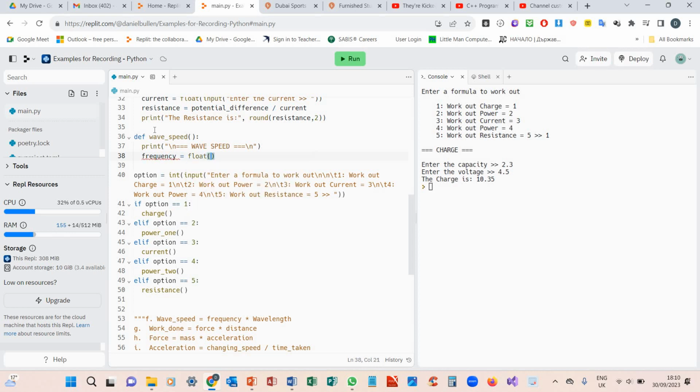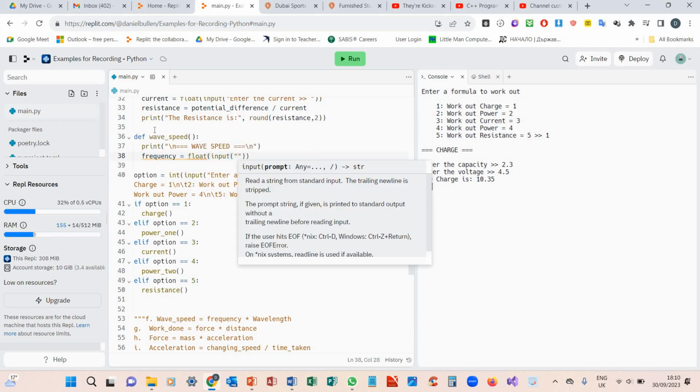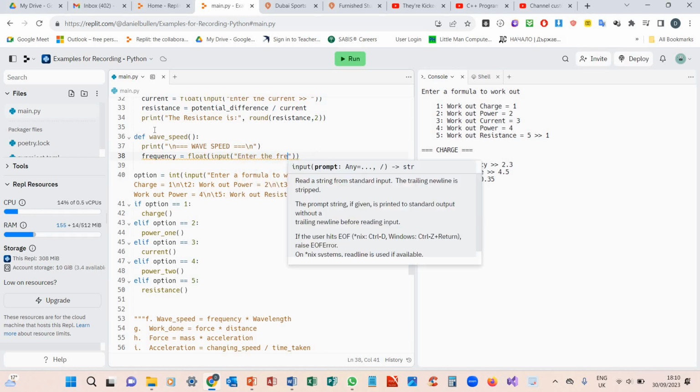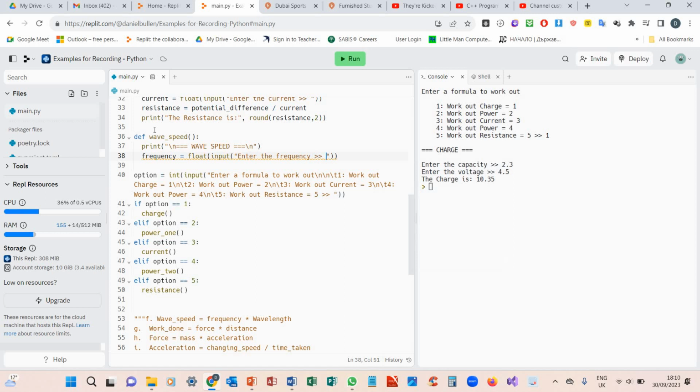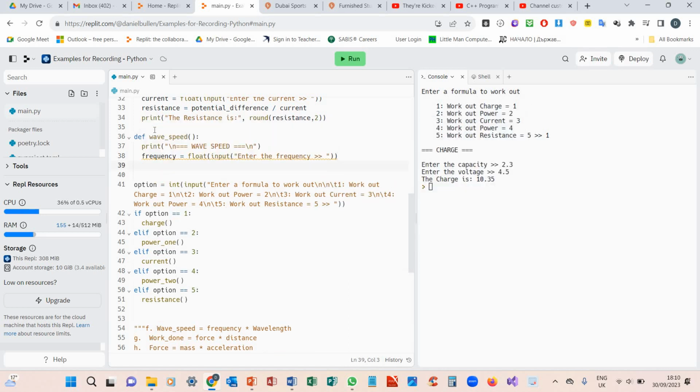So we could do that as a float input, and then you would have enter the frequency. Nice start there. And then we would need to enter the wavelength, and that's going to be another float. We'll make that another float because in physics you will deal with decimals.